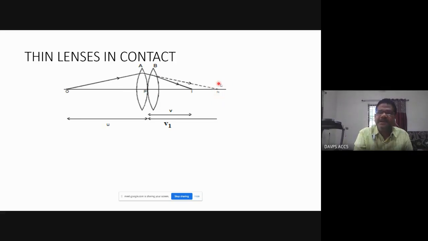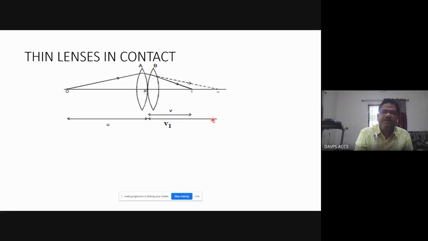As I1 acts as the object for B, the final real image will be I, formed here. The distance from P to I is the final image distance V, and P to I1 we have taken as V1.